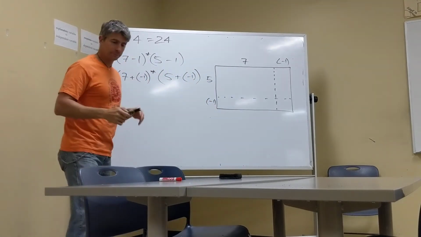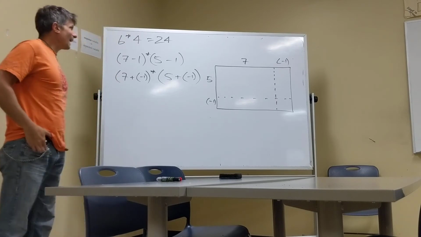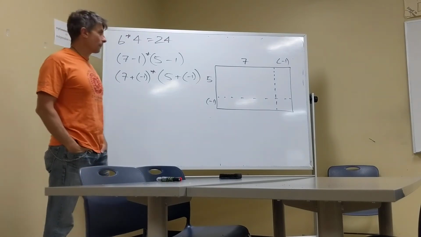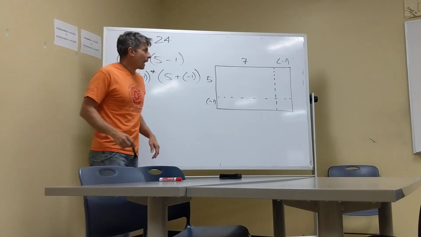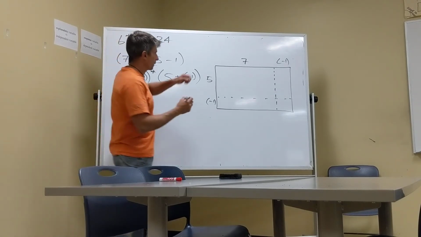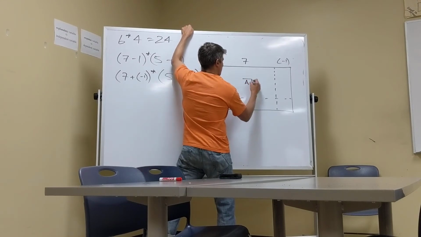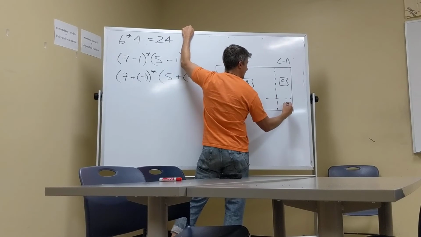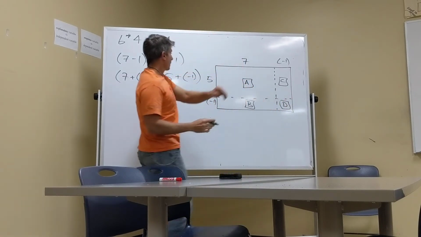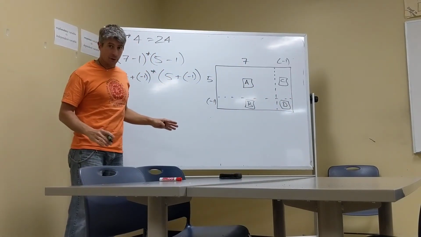Here's what I want you to do. I want you to tell me, and I'm going to label these. We'll make it one problem. I'm going to label these areas A, B, C, and D.